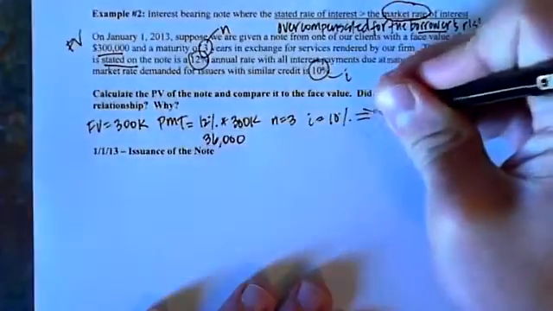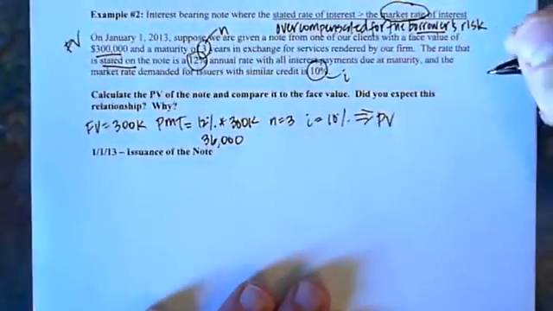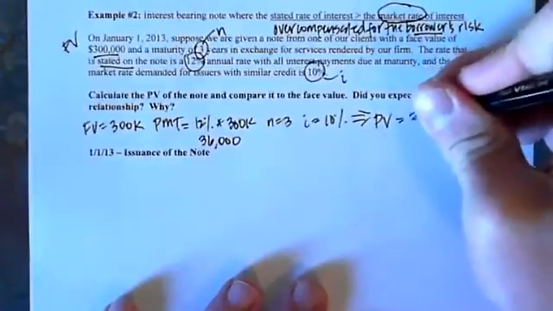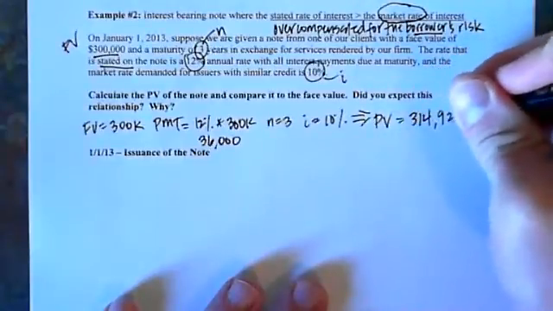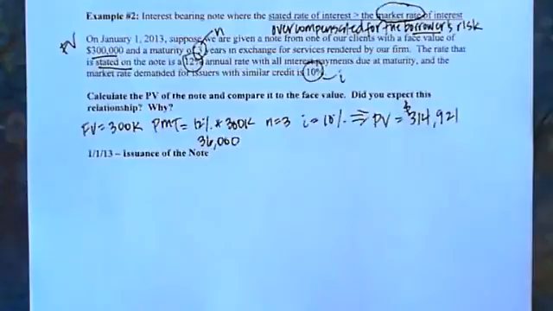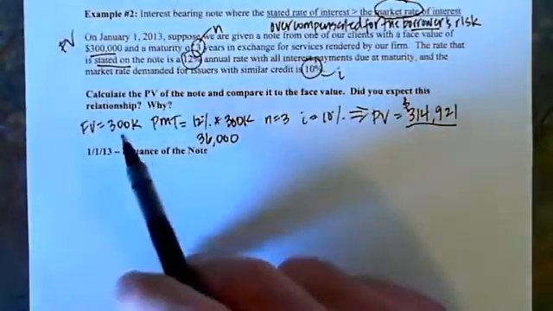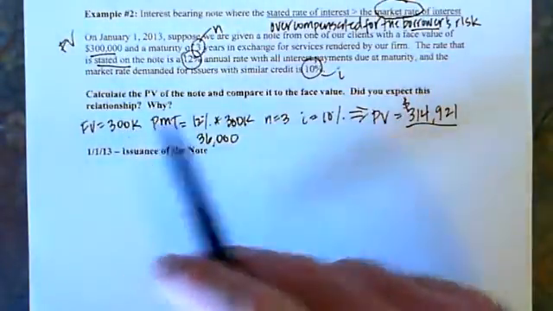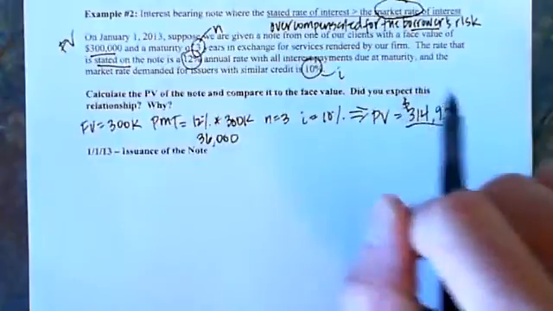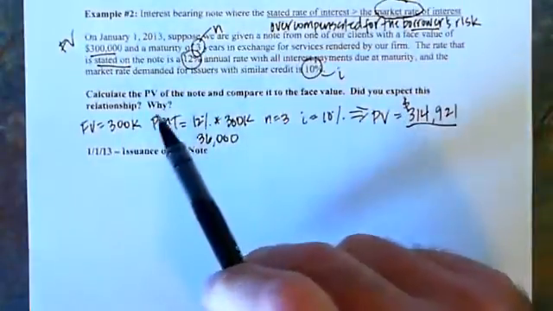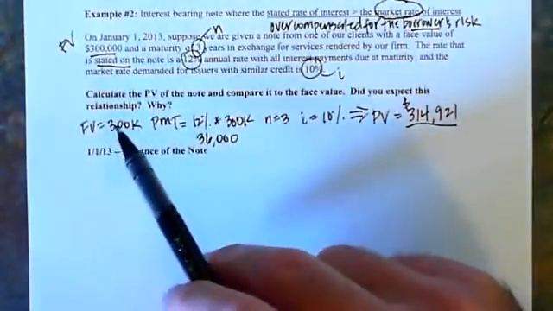When we do this, then the present value is going to be 314,921. You could use a calculator, you could use table factors, and we got 314,000, which is greater than the amount that we're going to be paid back. Well, why would I want to pay more today for a lesser amount in the future?